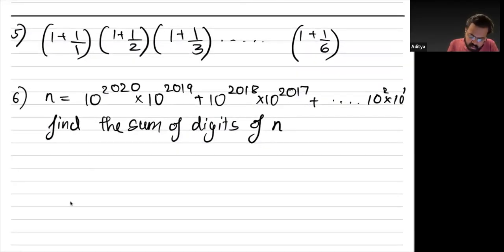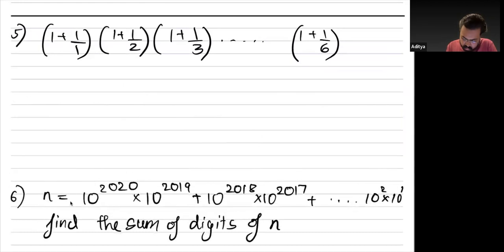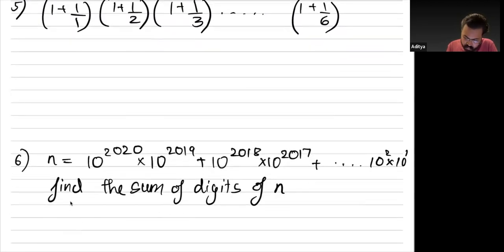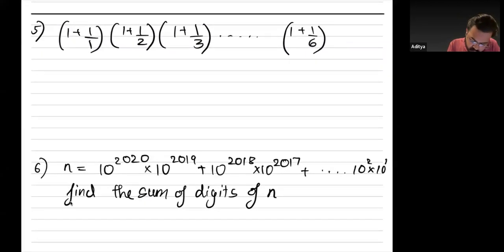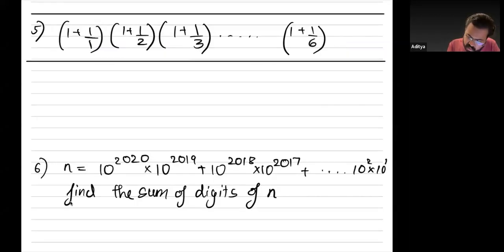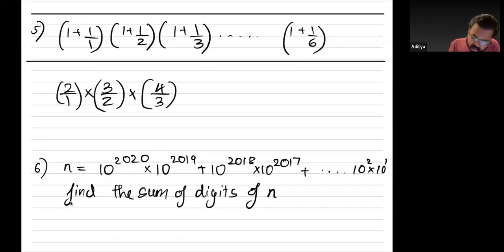Okay, fifth question, not very difficult. If you simplify the denominator, I mean take the fraction and make it an improper fraction, and don't leave it in the mixed state it is in over here, you will find that you get 2 upon 1 times 3 upon 2 times 4 upon 3, because the numerator over here becomes 3 plus 1, correct?